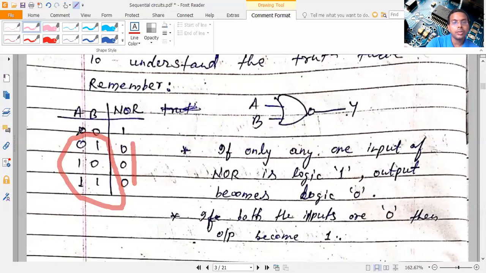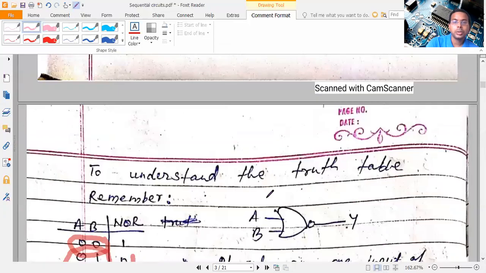The output becomes 1 only when both the inputs are 0. So if any one input to the NOR gate is 1, we can determine the output; both inputs are not needed. This we will use here.